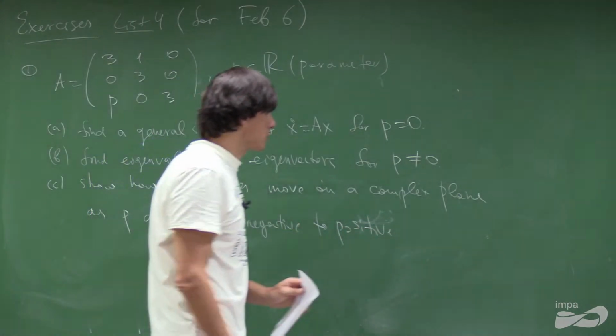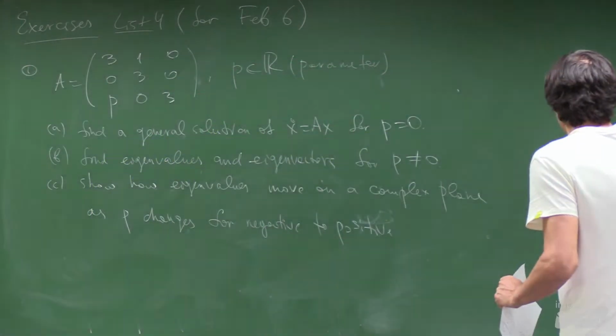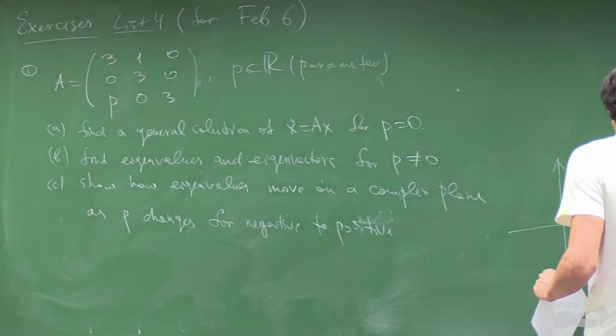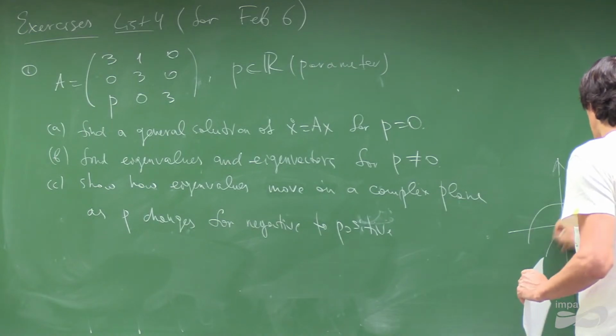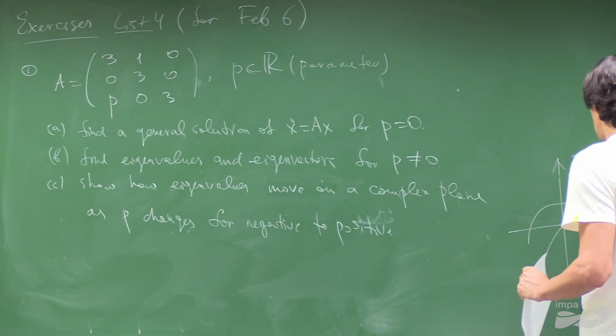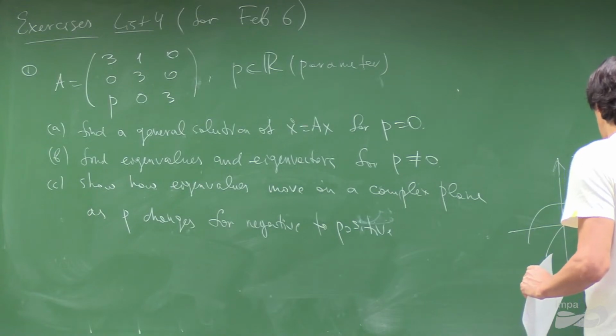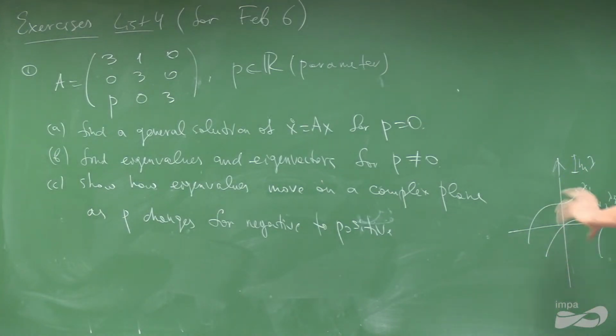So this last thing is that you draw a complex plane, and then there are three eigenvalues, right? Lambda 1, lambda 2, lambda 3, and you should see how they move on the complex plane when you increase p.